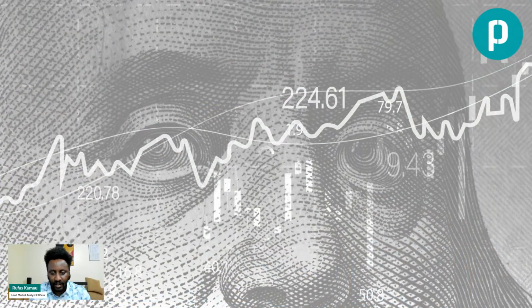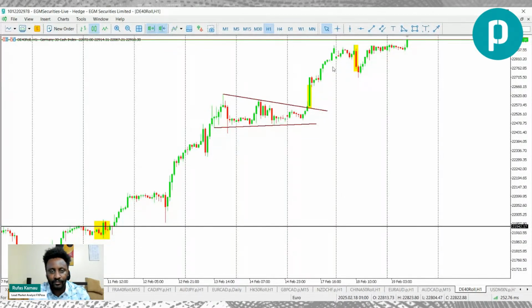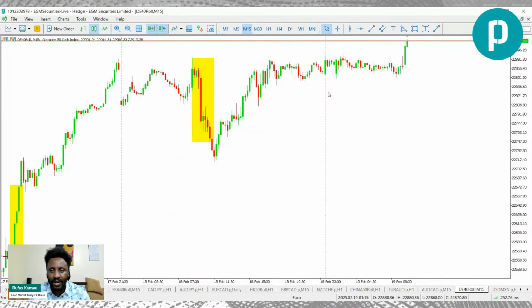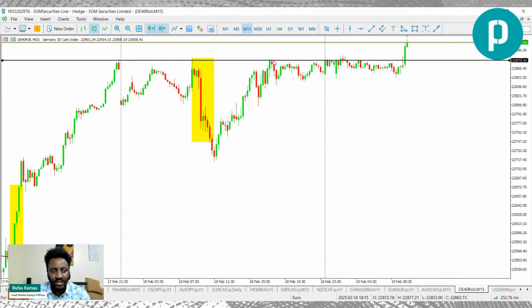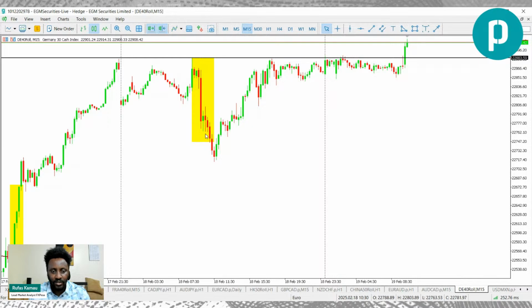So that being said, let's jump straight into the charts, try to understand what are the prevailing patterns. So far, as of today, the German stock market index, or what we call the DAX, has just broken above the previous high and printed a new all-time high. So in this case, there is an overall expectation that we continue seeing further upside momentum.